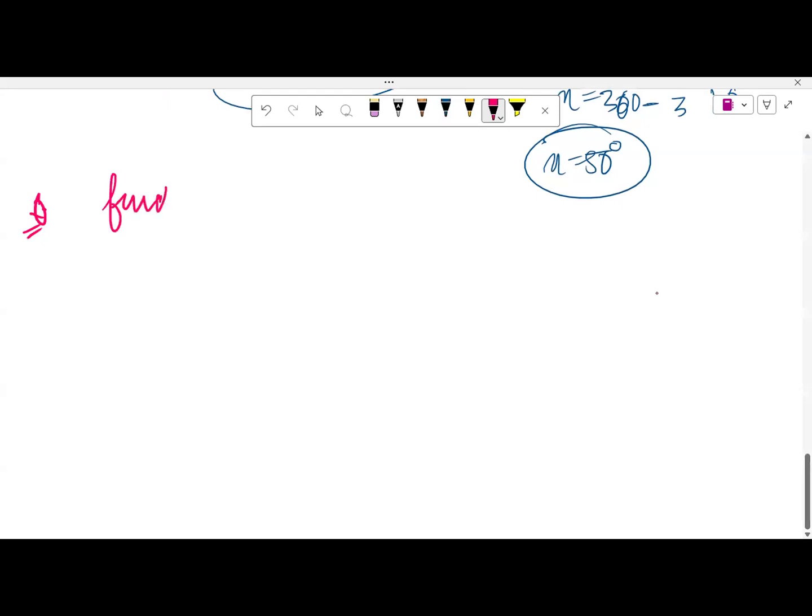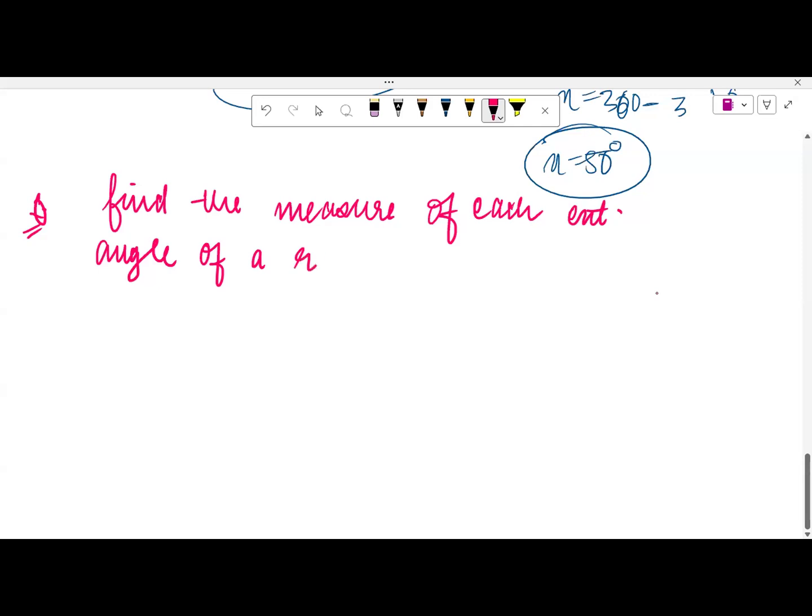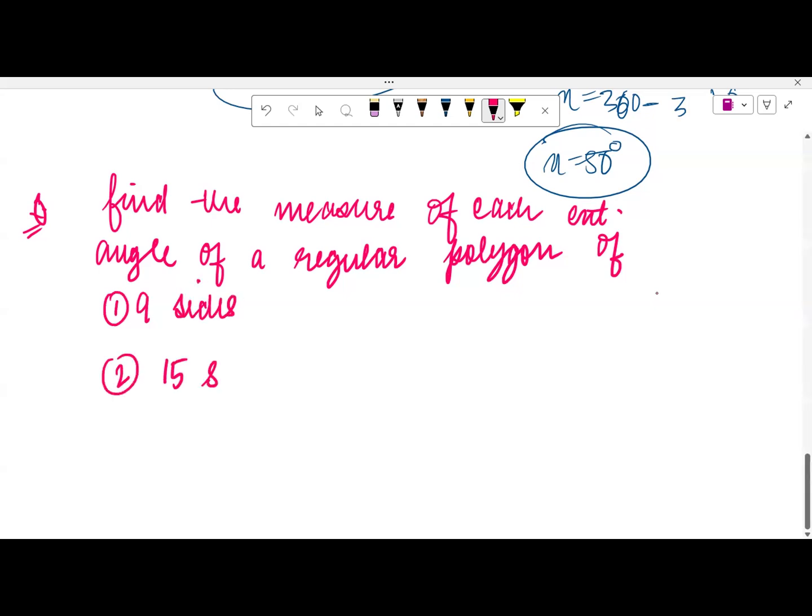You have to find the measure of each exterior angle. This is a question with two parts.